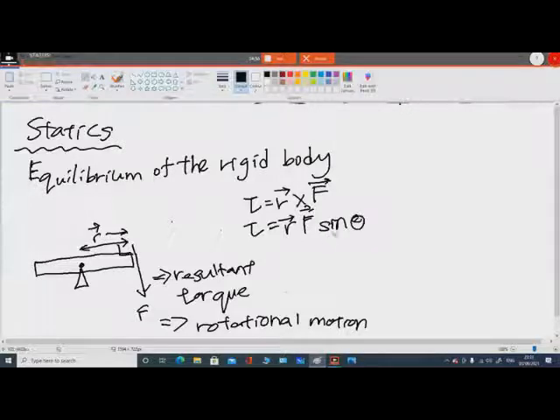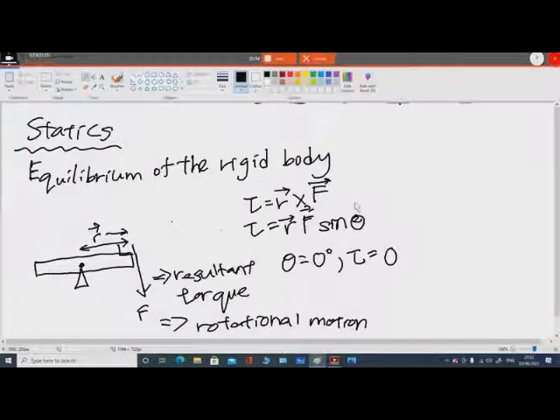So what if theta is equal to 0 degrees? Then the torque, given sine 0 degrees, is equal to 0.